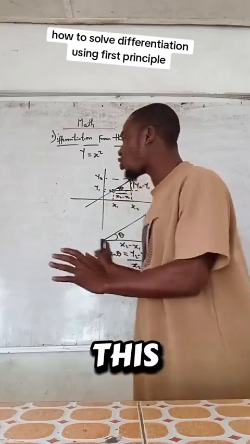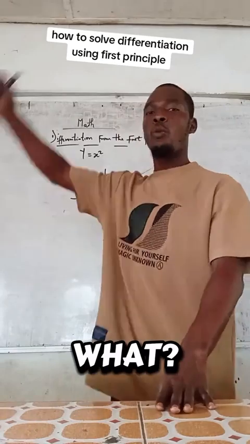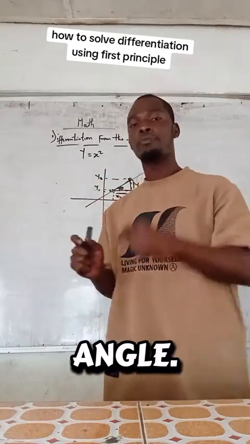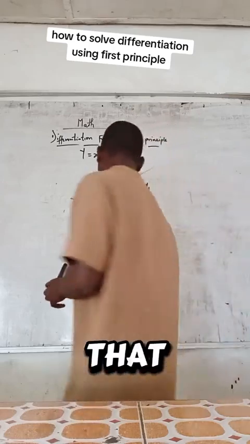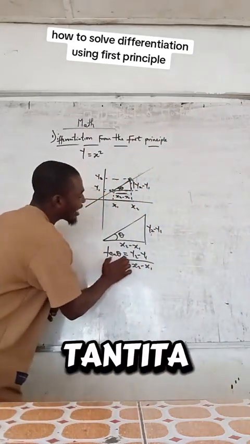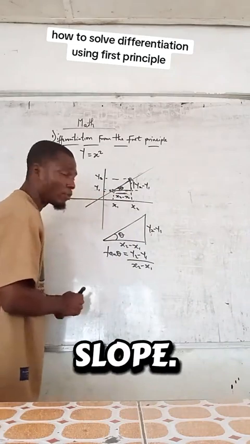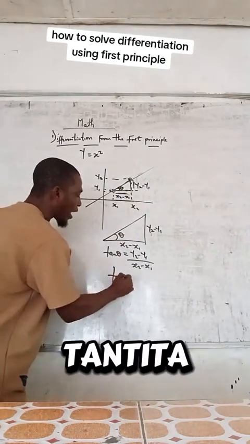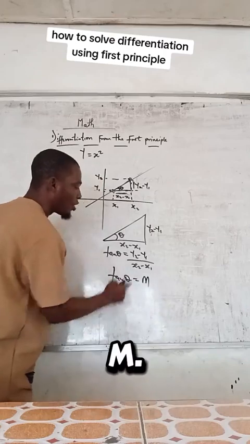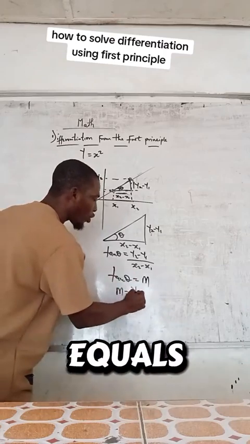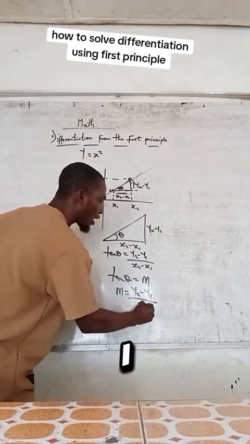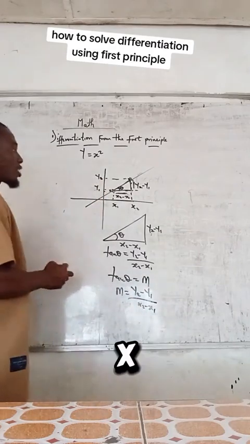Everything we do under coordinate geometry has to do with points, not with angle. That is the reason why tan theta is not appearing in the formula of the slope. So I can now say tan theta is given to me as m. Therefore, slope m equals y2 minus y1 over x2 minus x1.